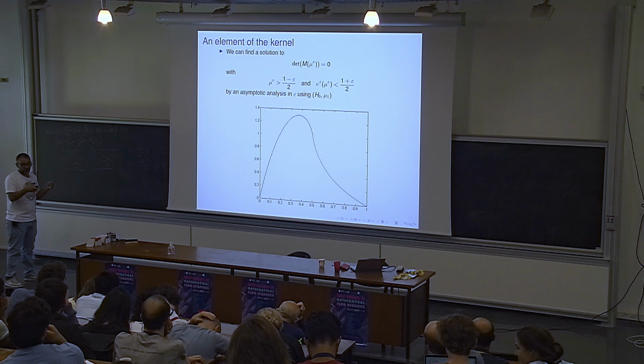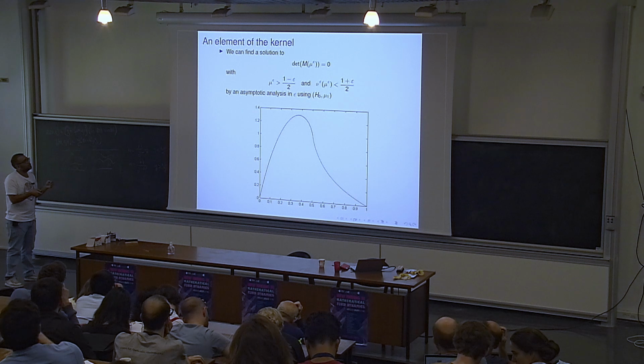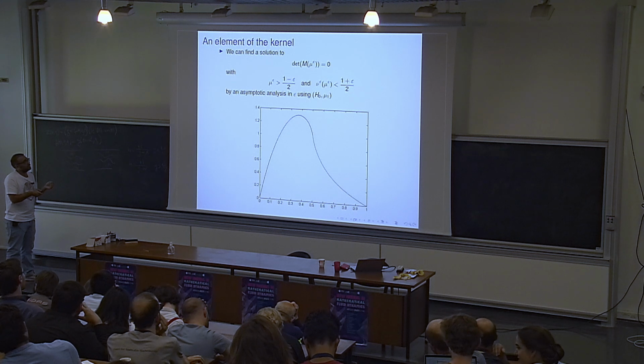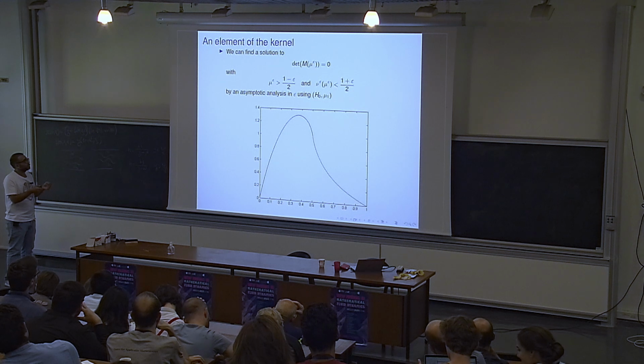In addition, you are able to show that this value mu epsilon is bigger than what it has to be bigger than, 1 minus epsilon over 2, and that the value nu is also in the part of the interval where it should be.